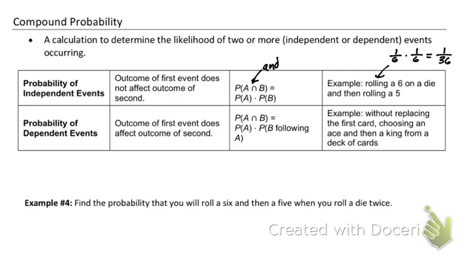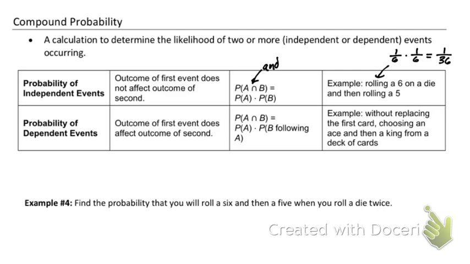Dependent is when your first event does affect the outcome of your second event. And that is probability of A and B happening will equal probability of A times probability of B being affected by probability of A, which would make more sense when we do this example.